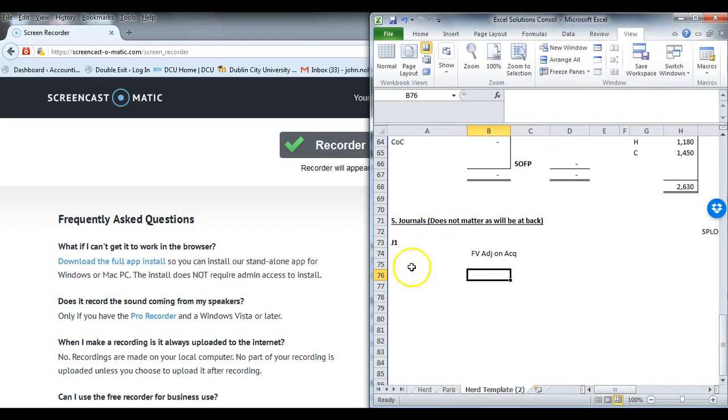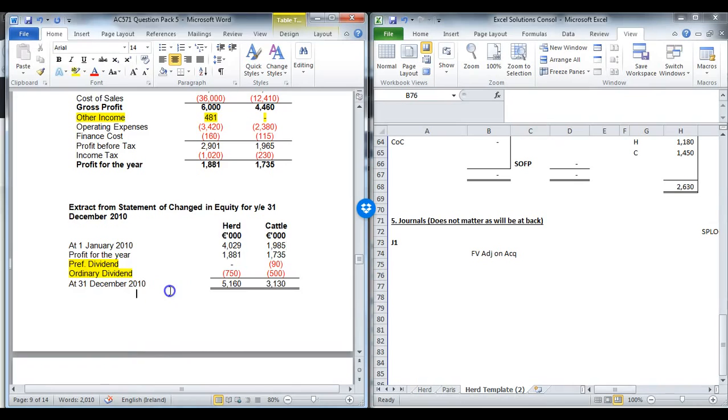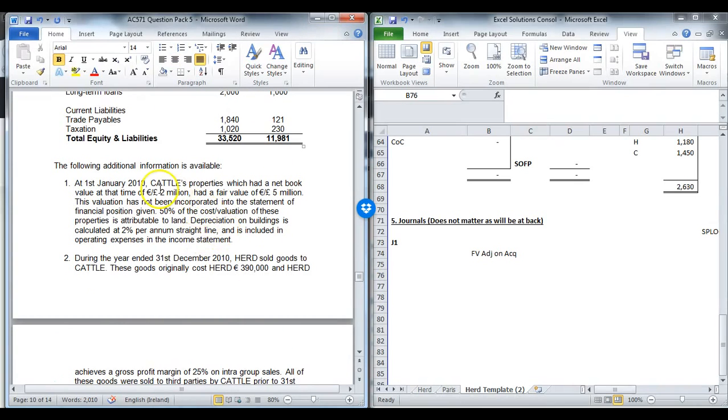So we just put this up here. We're told in the case, on the 1st of January, the date of acquisition, Cattle's property, which had a book value of 2 million, had a fair value of 5 million. So 3 million valuation adjustment. So let's take account of that. So debit property, plant and equipment 5 million, and credit cost of control and credit NCI.